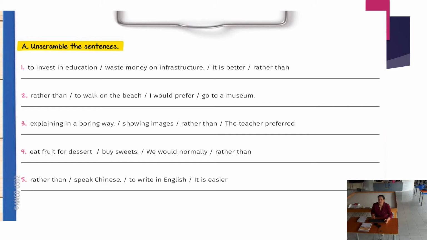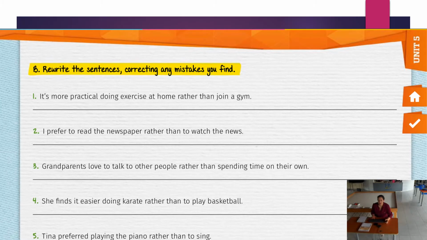So it's better to invest in education rather than waste money on infrastructure. Easy, right? Look at the structure on the first example and you continue. Once you finish with exercise A, you go to exercise B, right?